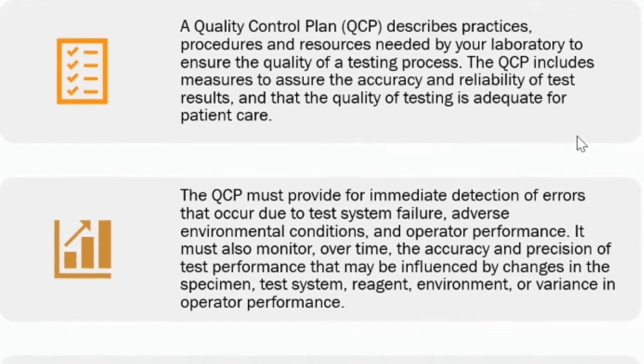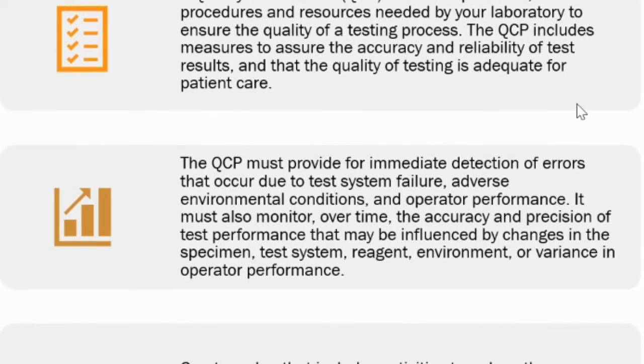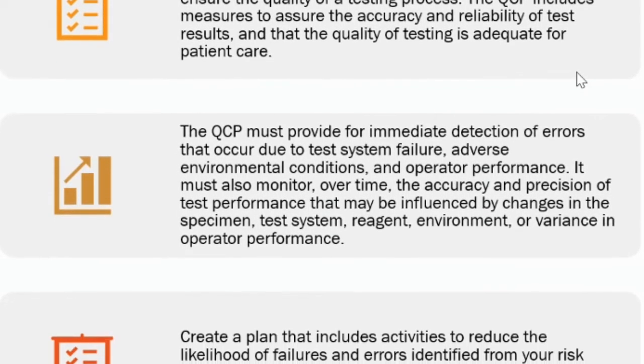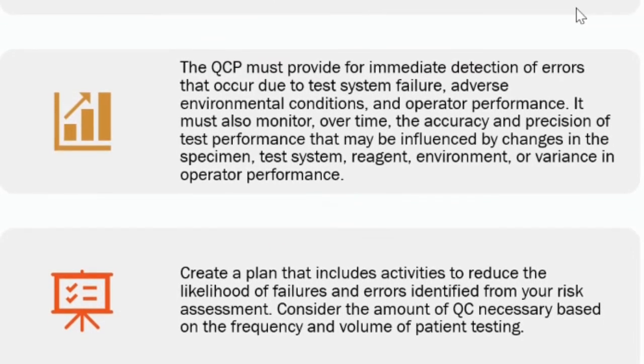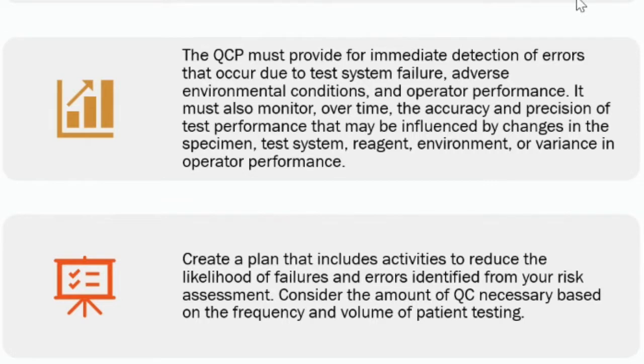The QC plan must provide for immediate detection of errors that occur due to test system failure, adverse environmental conditions, and operator performance. It must also monitor, over time, the accuracy and precision of test performance that may be influenced by changes in the specimen, test system, reagent, environment, or variance in operator performance.